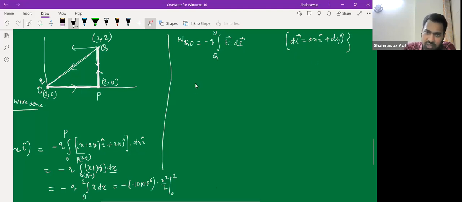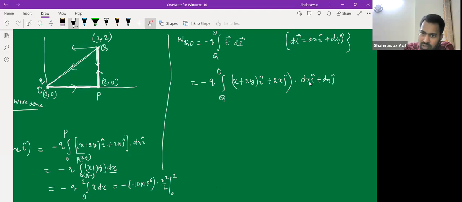So let us plug in these values, and we have minus q to O, and E is (x plus 2y) i hat plus 2x j hat, dot dx i plus dy j.